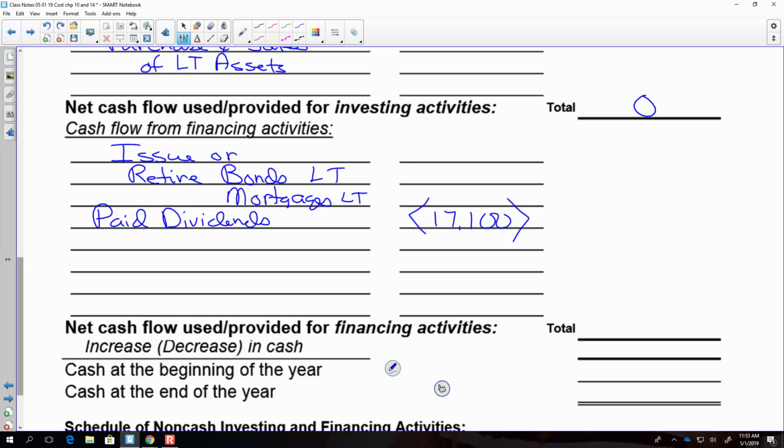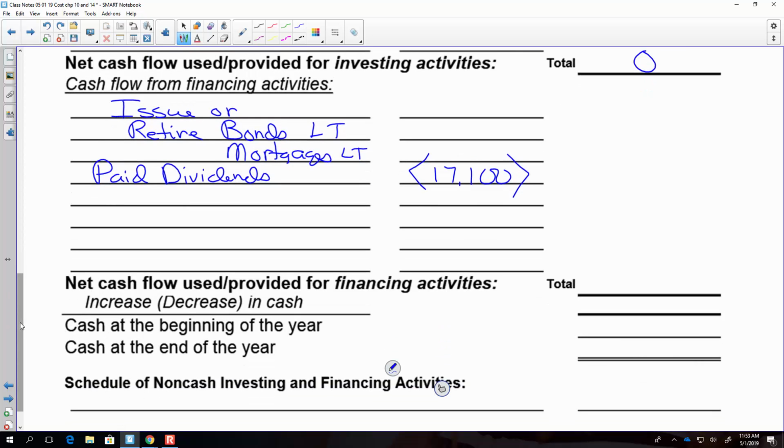And then you pay it later. So if I declare it, it would not be recorded here, but where would it be recorded? In the non-cash stuff. There's a difference between paid and declared. All right. So I got a 17.1 negative here.